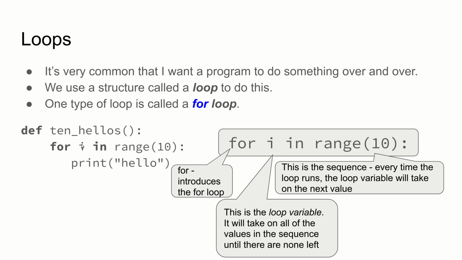So the first time that the loop executes, I will be 0. Then we'll print hello, and then it will come back to the top, and I will become 1. And then it will print hello again, and come back to the top, and I will become 2. And so on until I becomes 9, and then it prints the last hello, and the loop finishes.